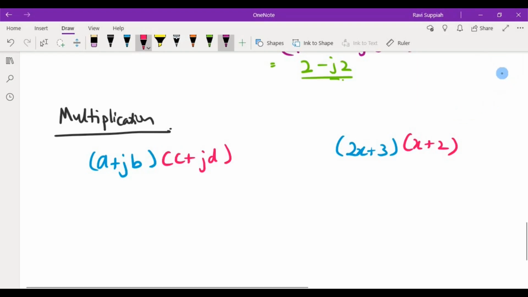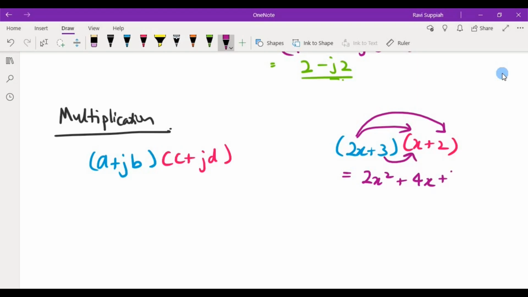Okay, to perform this expansion, you would have taken the approach where you multiply first term by first term, so I get 2x squared; first term by second term, so I get 4x; second term by first term, plus 3x; and second term by second term, plus 6.